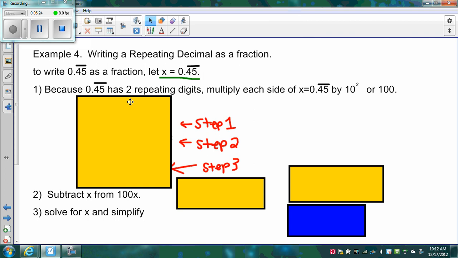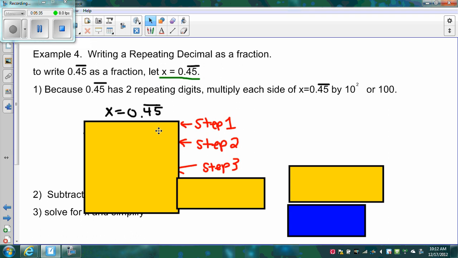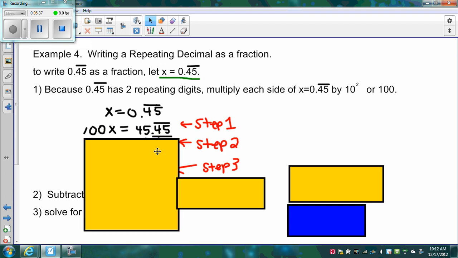Now step 1, because 0.45 has 2 repeating digits, we're going to multiply each side by 10 to the squared, or 100. So we're taking this equation and we're going to multiply both sides by 100. So we are left with 100x equals 45.45 with the 45 decimal repeating.